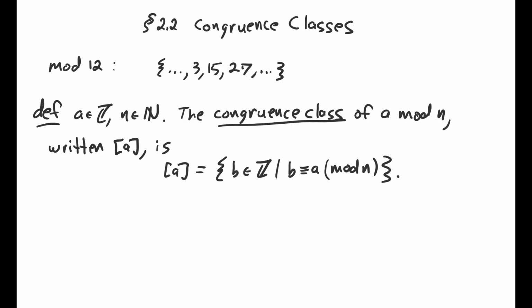Some people will call a congruence class a residue class, so if you see that word, they just mean congruence class. Some people will have an alternate notation for these square brackets. One of the most common is to put a bar over it.